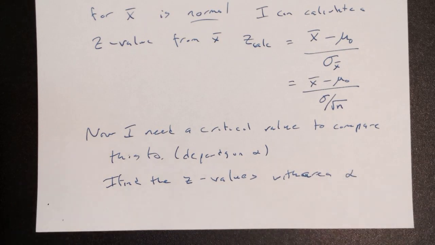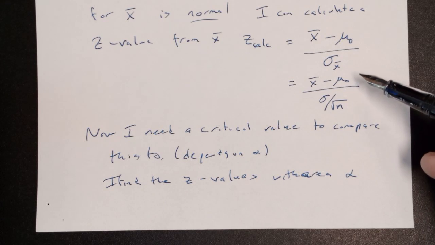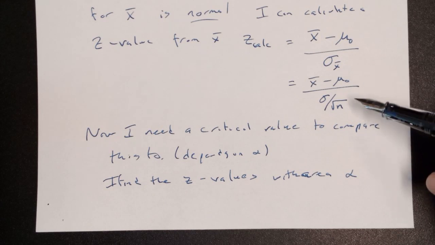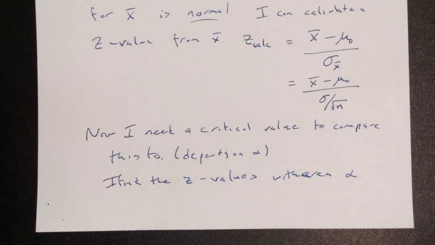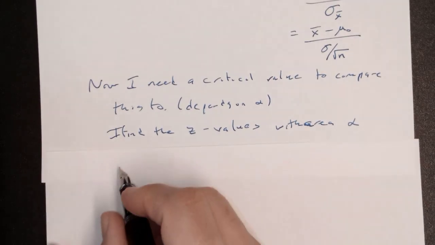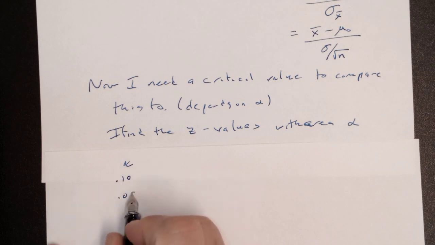What I'm really saying is, if this difference is close to 0, then we're good. And if this distance is really big compared to the spread, we're not so good. So, based on alpha, 0.1, 0.05, 0.01. These are the most common choices of alpha.